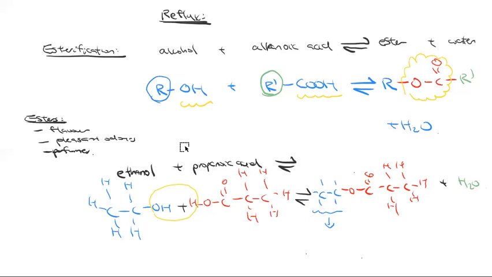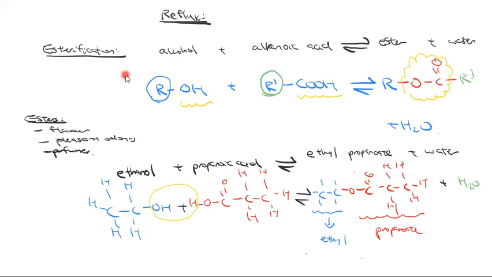This is your ethyl, and this is your propanoate. And that's how you name your esters as well. So your ester in this case will be ethyl propanoate, plus water. Now, basically that's esterification.